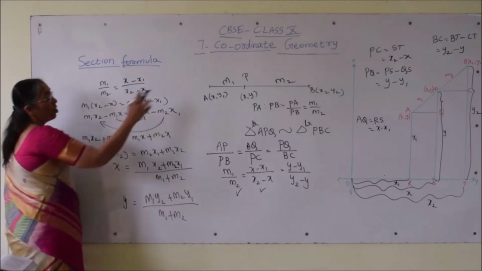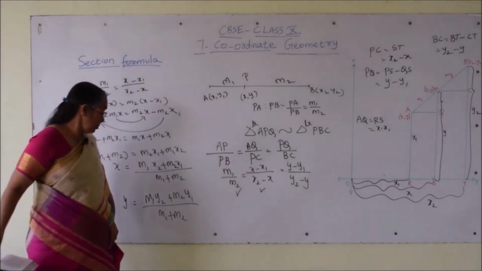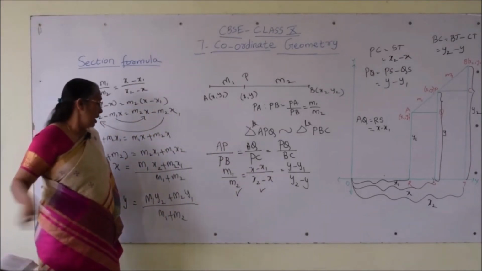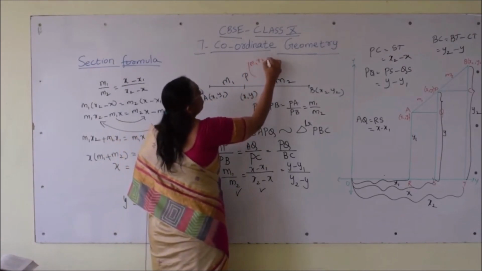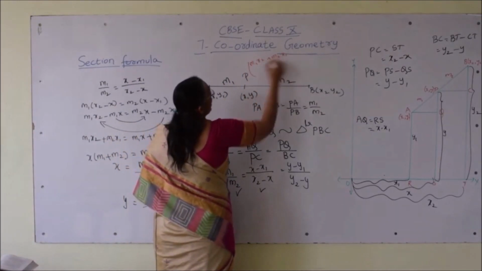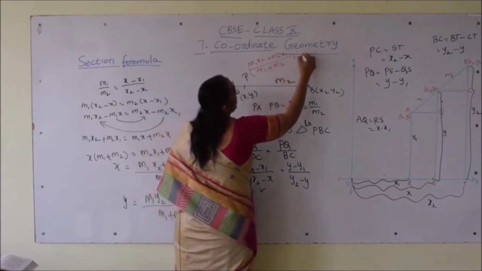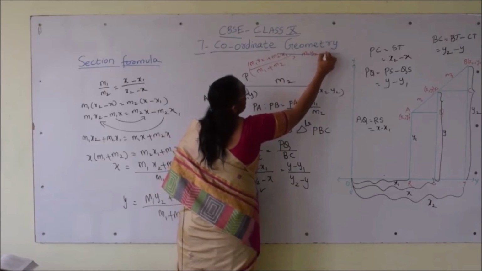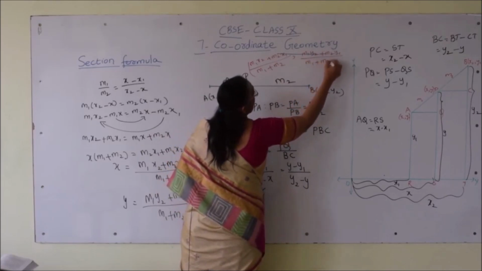So, the coordinates of the point P we derived as ((m1 x2 plus m2 x1) by (m1 plus m2), (m1 y2 plus m2 y1) by (m1 plus m2)).